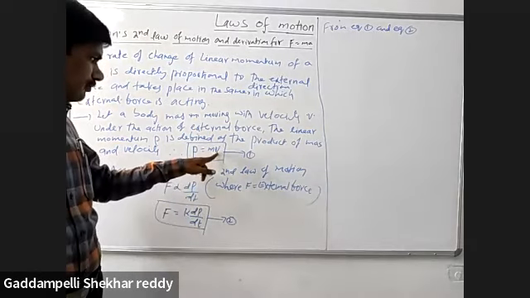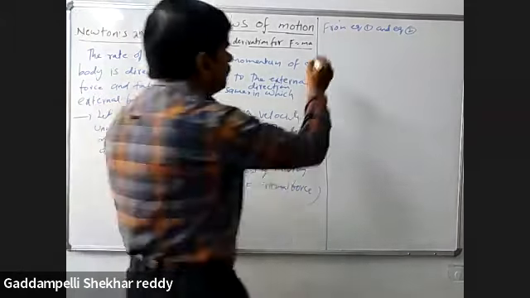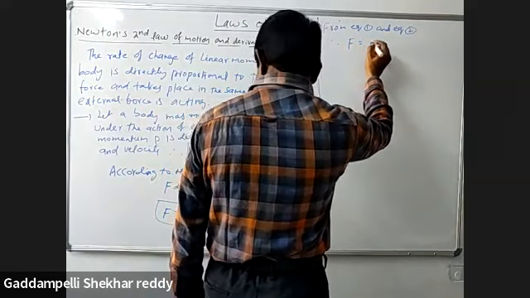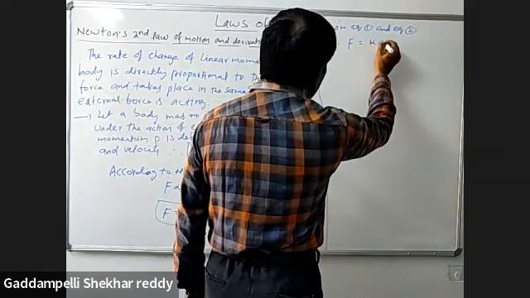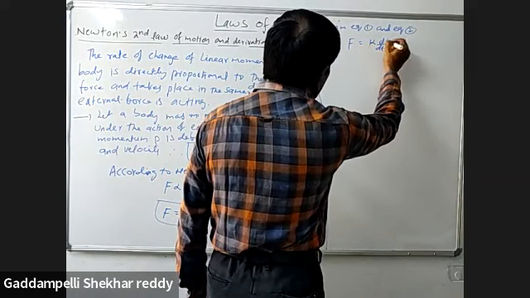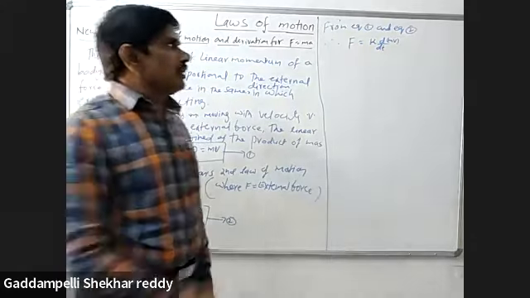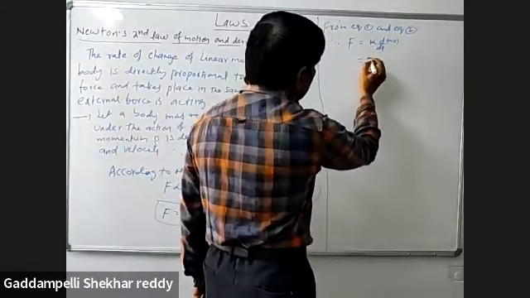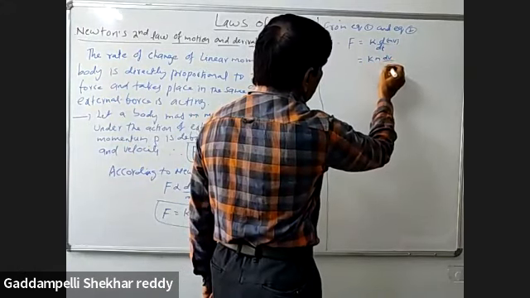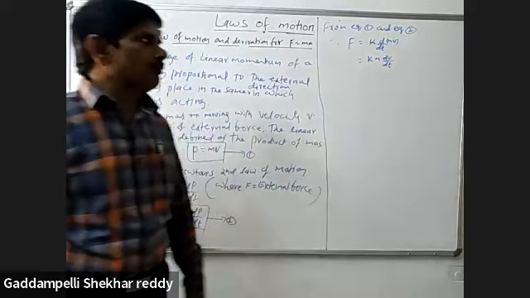Substituting the P value from equation 1 in equation 2, F is equal to K d by dt of mv. Here the mass of the object is constant, so we take m common: m dv by dt.